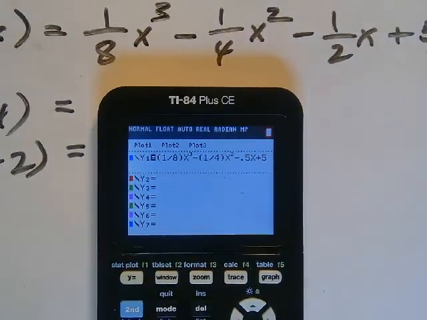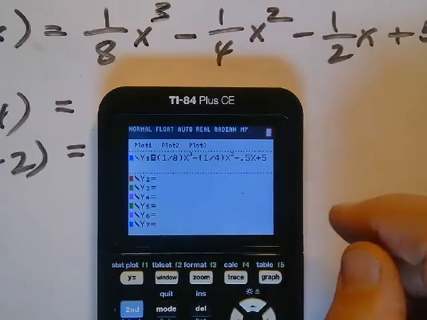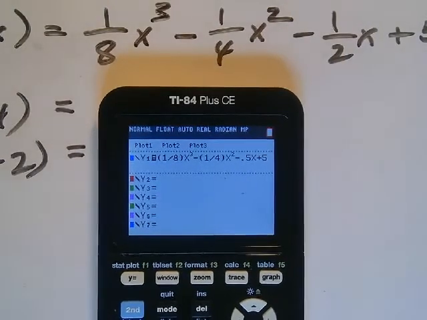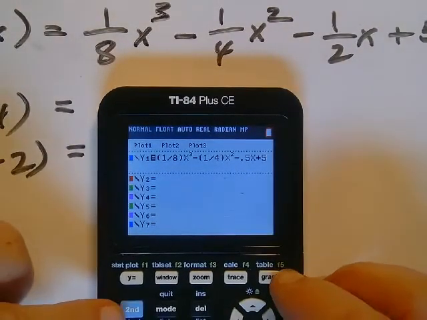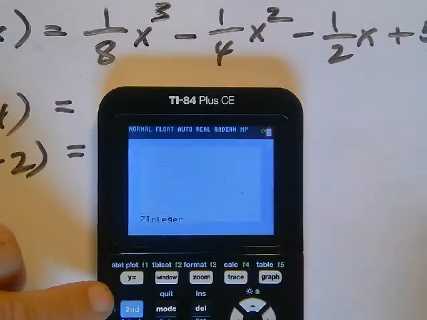So if you know the fraction or the decimal, if you know the decimal for it, you could stick that in, it's usually faster. Now you'll notice that I've got the function typed in here correctly. Make sure you're using subtraction signs and not negatives in all those places. Now we could graph this. We don't need it here to do the problem, but let's see what happens if we zoom standard again.